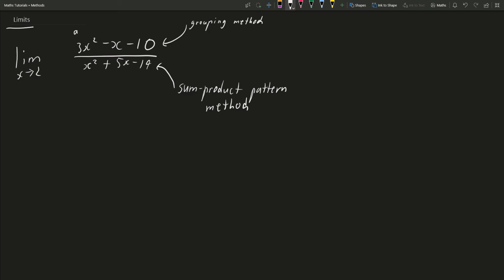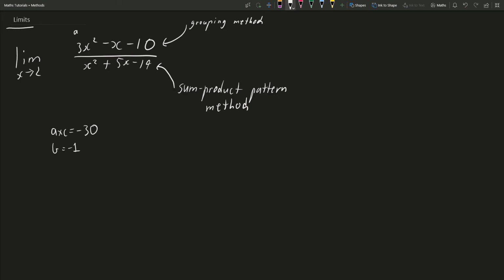So we have 3x squared minus x minus 10. With the grouping method, we need to find AC first. A times C equals negative 30, and B is equal to negative 1. So we need two values that multiply together to get negative 30 and add together to get negative 1.